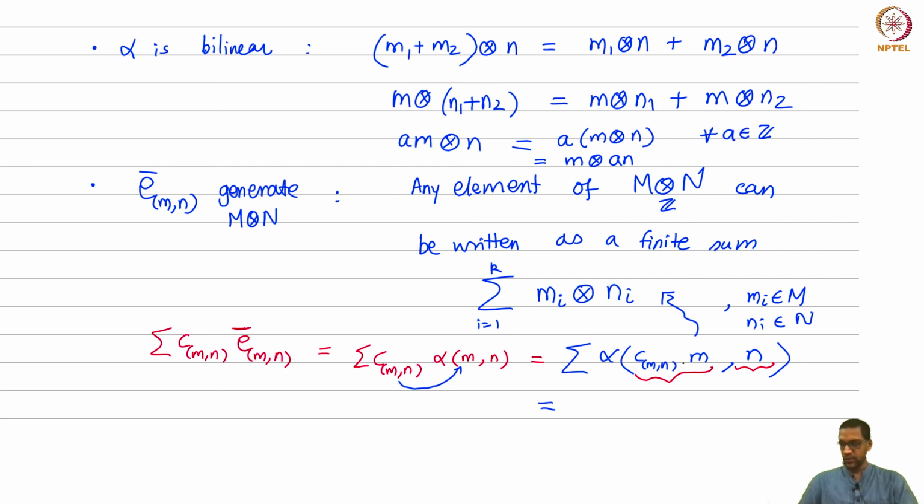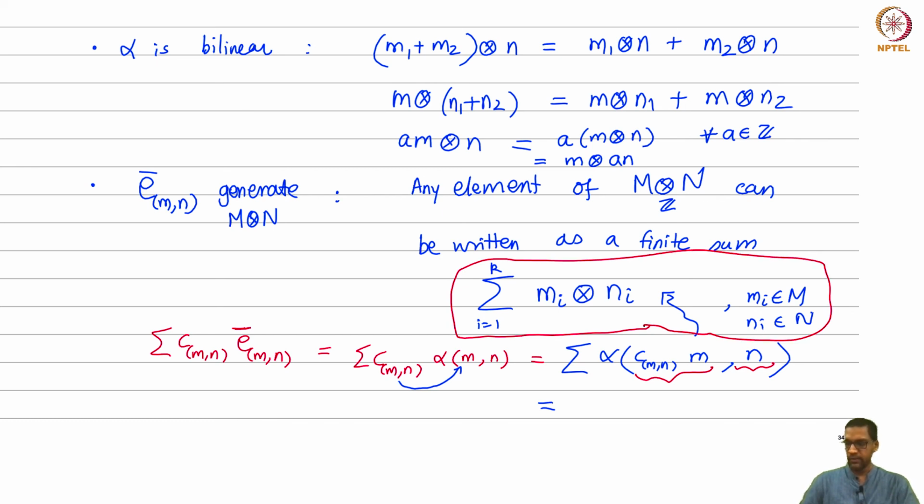What we have finally shown is that any typical element of M tensor N can always be written as a linear combination of the various m tensor n. When one wants to write down proofs and so on, it's easier to choose this more compact way of saying it instead of putting some constant c_mn in front. Okay, good.